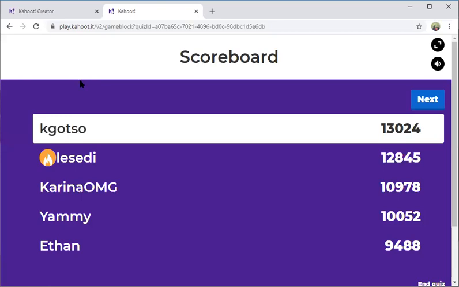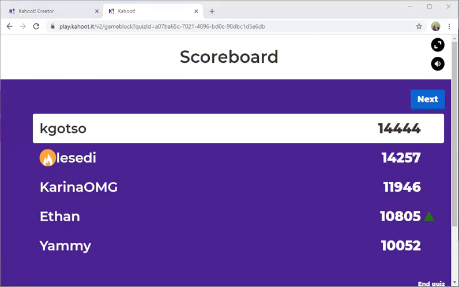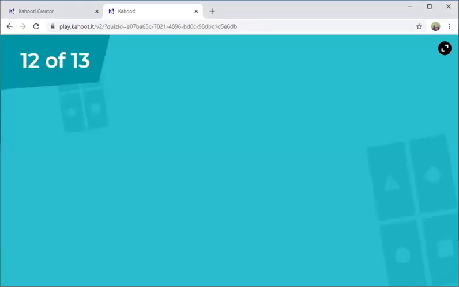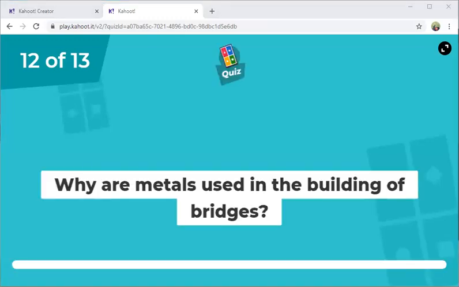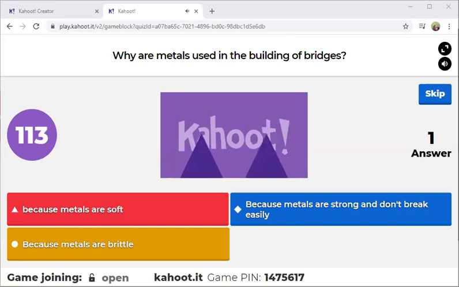Let's see the scoreboard. First place, we still have Kotso, followed by Lesedi, then Karina, Ethan, and Yami. All right. Let us move on to the second last question, which says, why are metals used in the building of bridges?